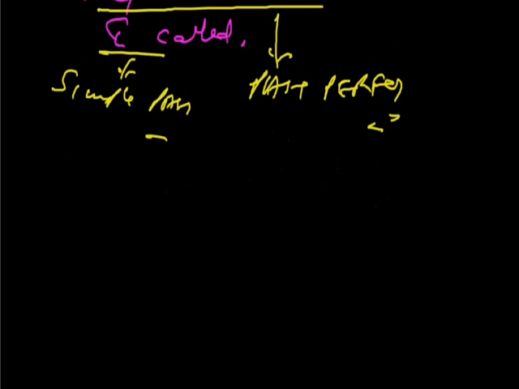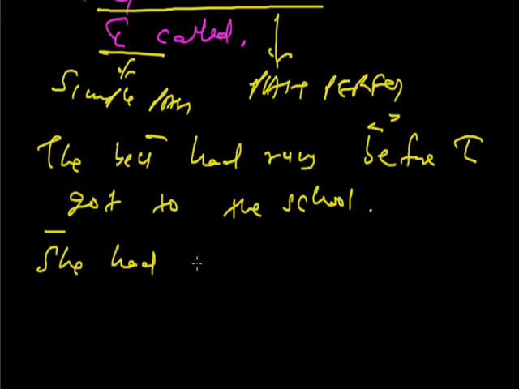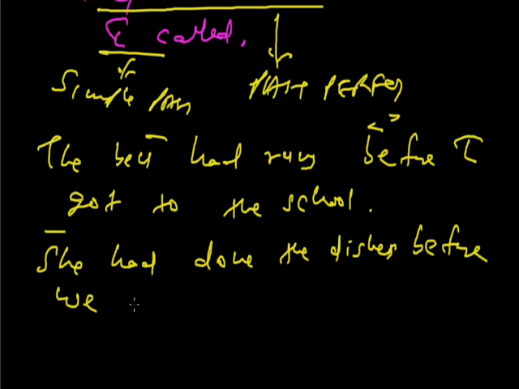Let me write one or two examples for you. The bell had rung before I got to the school. She had done the dishes. Well, do the dishes means wash utensils. She had done the dishes before we woke up.